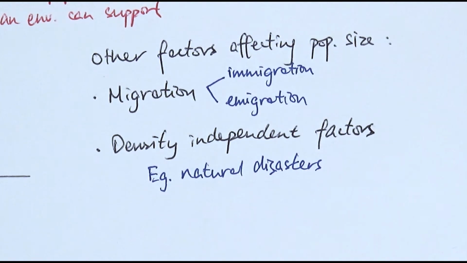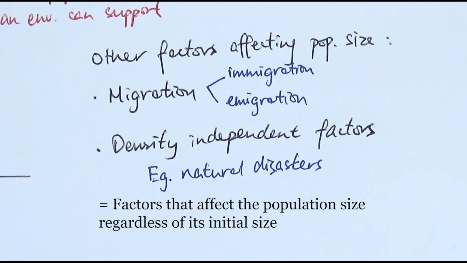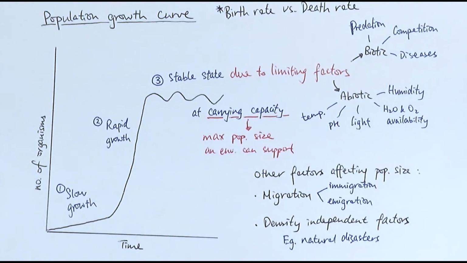However, in the case of density-independent factors, these are factors that will change the population size regardless of the size of it. So these are things like natural disasters, things like earthquakes, storms, tsunamis, fires, etc. These are things that it doesn't matter how many individuals you have in that population, it's going to have an impact on it whatsoever.